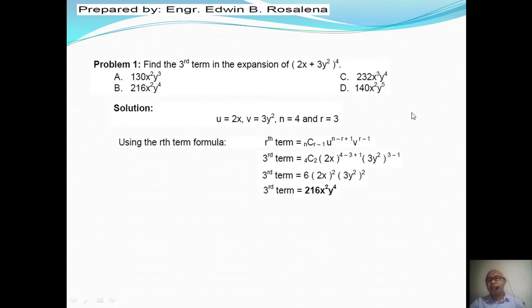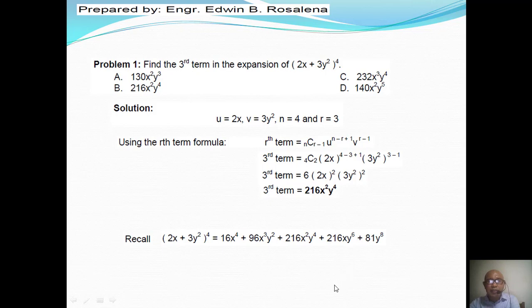Okay. So, kung tingnan natin, natandaan niyo ba tong expansion na to? Diba ito yung ini-expand natin kanina sa ating example where we expose all the terms? So, tingnan natin na. Diba ito yun? And then when we expand, we arrive at these answers. So, ito yung mga terms natin.